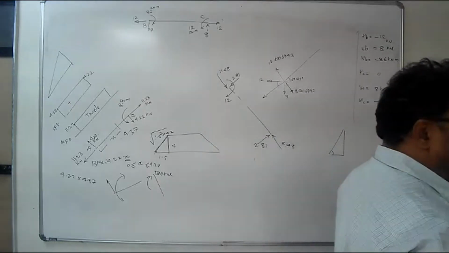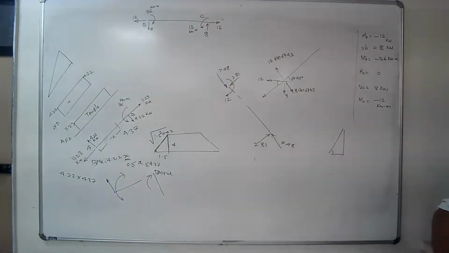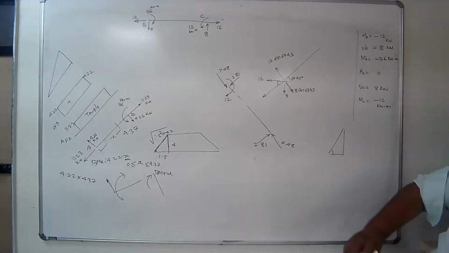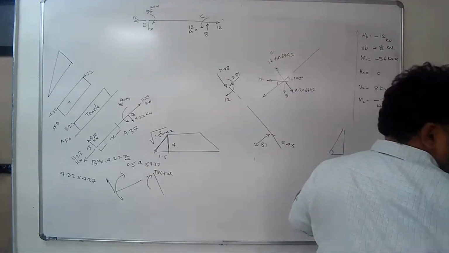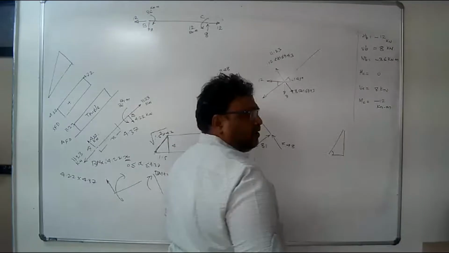How much this is? मुझे लगता है वो वर्टिकल कंपोनेंट डिटरमाइन करने में मिस्टेक किया है आपने। 12 साइन ऑफ, अच्छा दिस इज 11.23 and what about here 8 cos of 69?